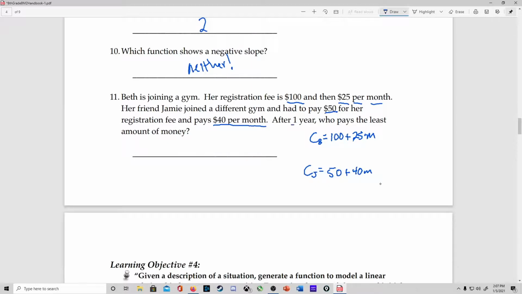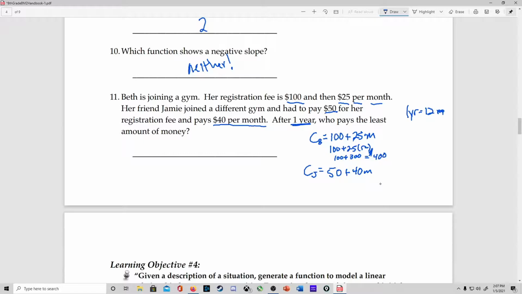And again, you got to do a little conversion because 1 year is equal to 12 months. All right, so then we're just going to put 12 in here so that we can do our comparison. So 100 plus 25 times 12. And that's going to give us 100 plus, what's that going to be, 300? So this is going to be 400.